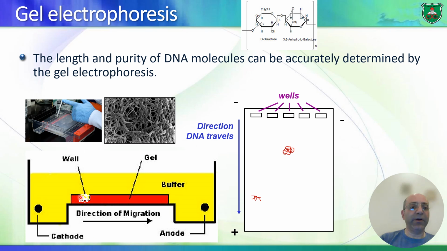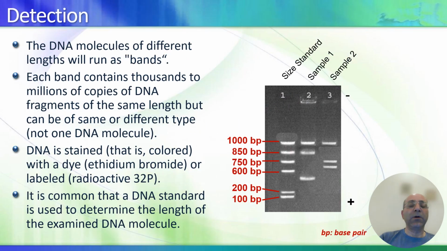Here's another view right here. So here we have the DNA molecules inside a well. We apply electrical current. Again, the smaller molecules are going to migrate, run, travel faster than the larger molecules. Now, again, here we have the wells, and we have sample 1, sample 2.